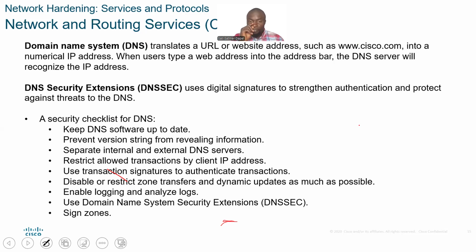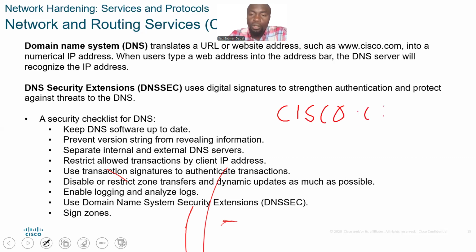For instance, if I have a domain such as cisco.com, this particular domain name has an IP address behind it. So how do I find out?